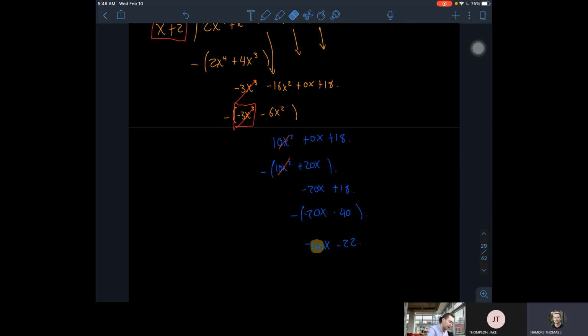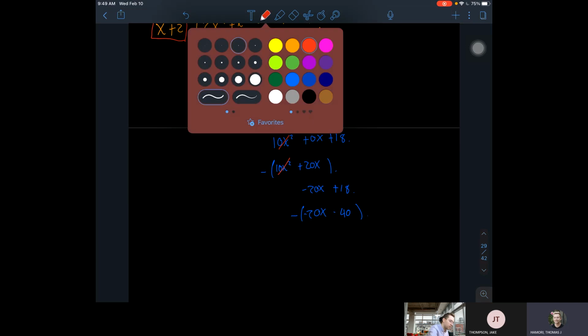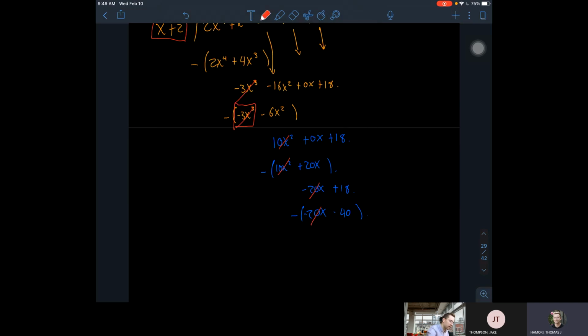And when I subtract negative 20x from negative 20x, they cancel. And then I'm just left with whatever I would get if I did 18 minus negative 40. So that's 18 plus 40, which is 58.